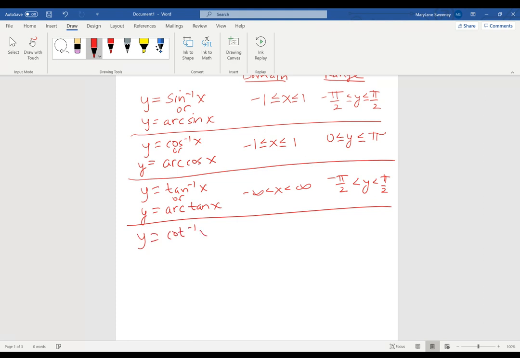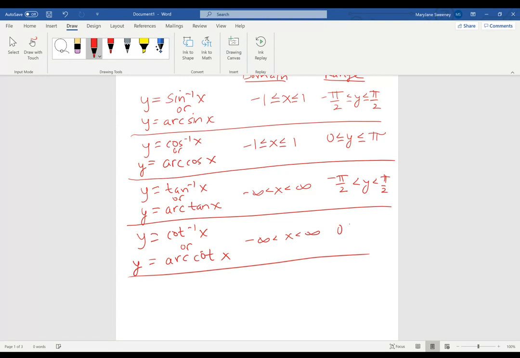Cotan, which is the reciprocal of tan, could be cotan to the negative 1 of x, which is the same as arc cotan of x. That is also between negative infinity and positive infinity.